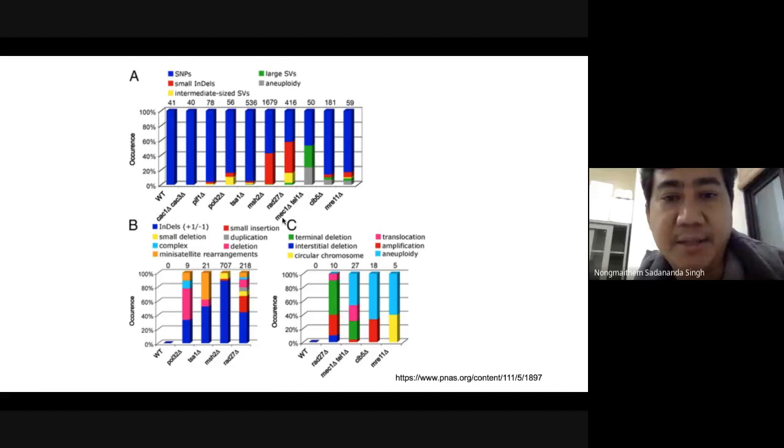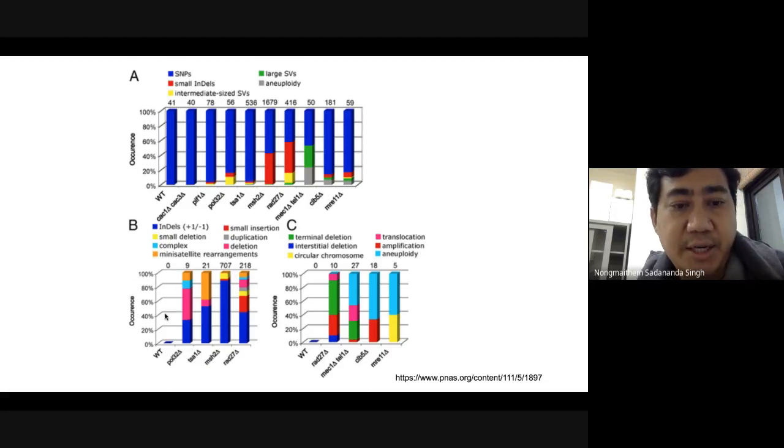And then in the case of MEG1 or TEL1 delta, what you see is a lot of aneuploidy. Aneuploidy means the number of chromosomes is changed, or there is missegregation of chromosomes happening very often in this mutant. So depending on the type of mutants you have, they have different phenotypes, and all of these are mutator phenotypes.